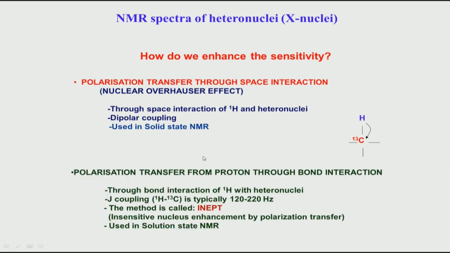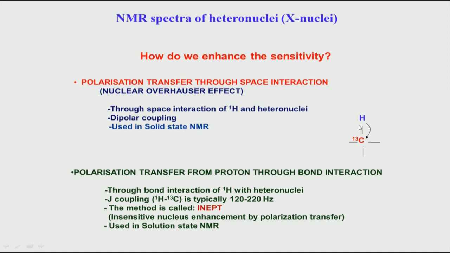But if you come to solution state NMR, the dipolar couplings which we saw are not a very strong mechanism to transfer energy. Therefore, we rely on a direct interaction through bond. So, you see this is one bond here, and there is a J coupling between this hydrogen and this carbon, and that J coupling can be used for transferring polarization from hydrogen to carbon.